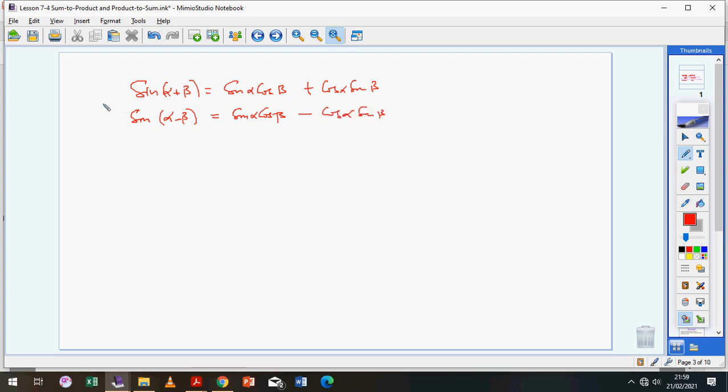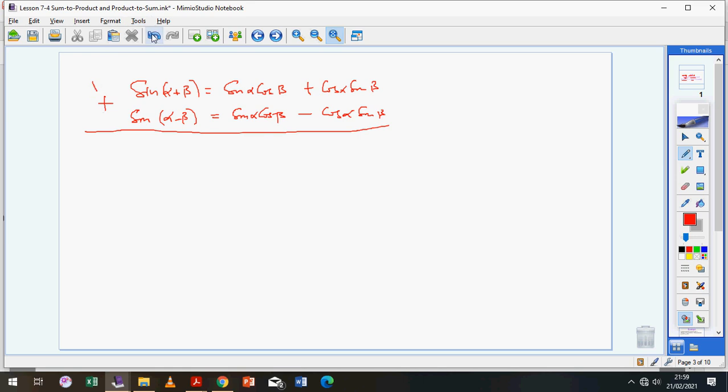Now, because mathematicians are experimentalists, some guy, whoever did this first, wondered what would happen if I added these two expressions. So that's why you see this plus over there.